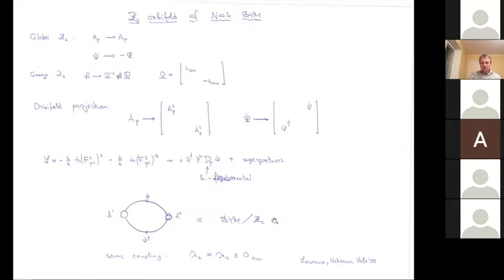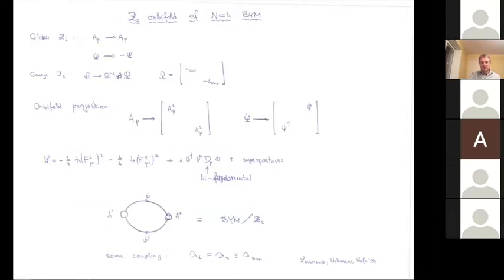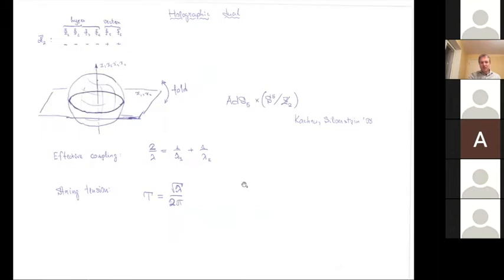So to conclude, the orbifold theory is equivalent to the quiver when the coupling constants of the quiver are the same. So this suggests that the quiver theory has a holographic dual that descends from the AdS5 cross S5 dual of N=4 super Yang-Mills.